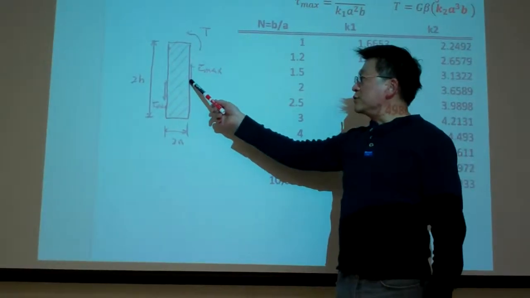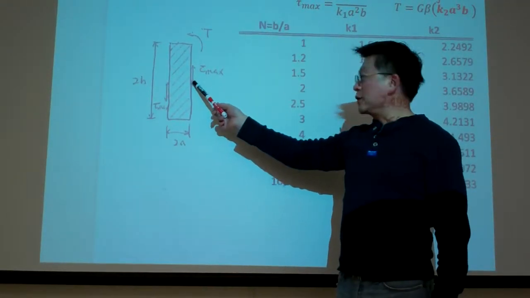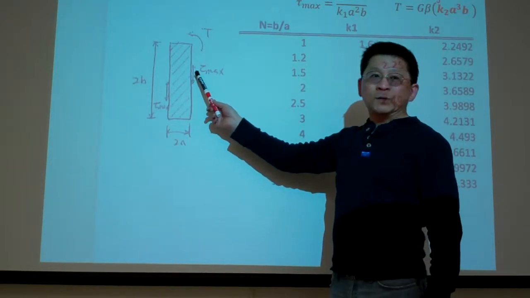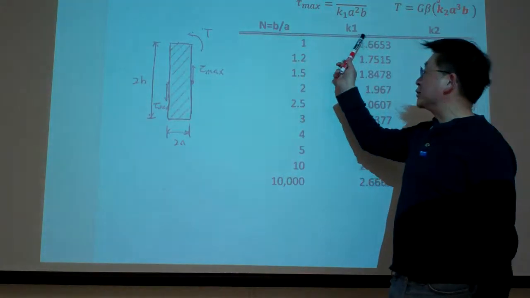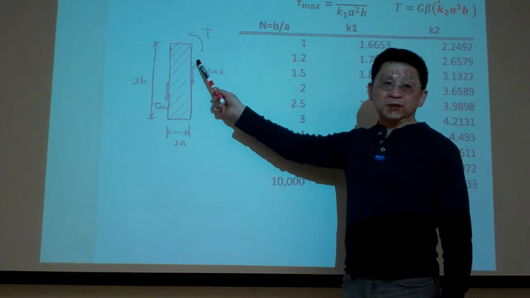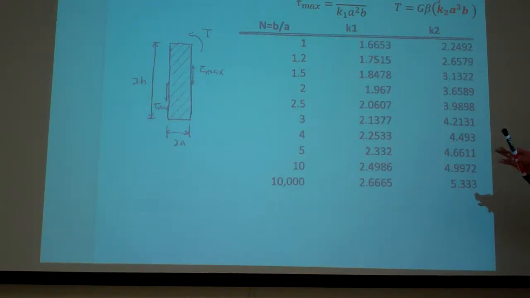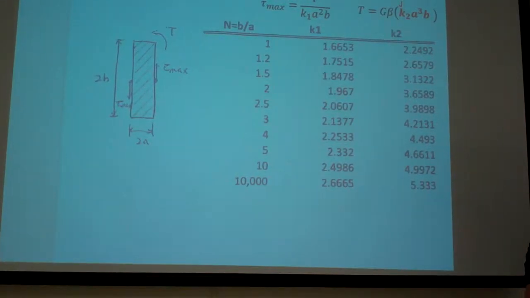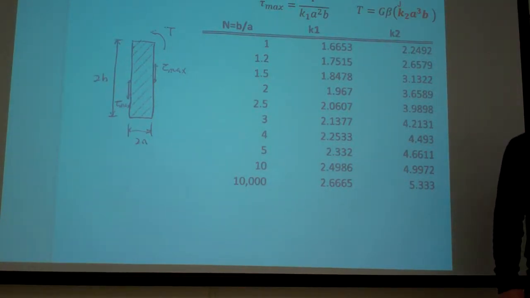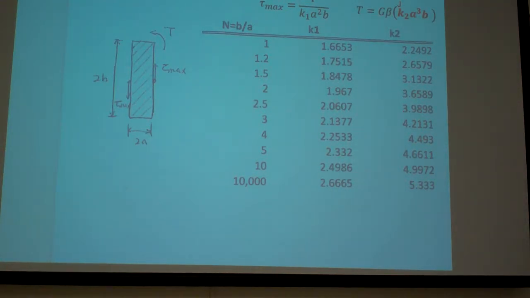From here, you need to learn how to identify the directions. Together with direction and magnitude, you can uniquely categorize the whole problem. You good? Okay. I think that is it for the rectangular shaft.